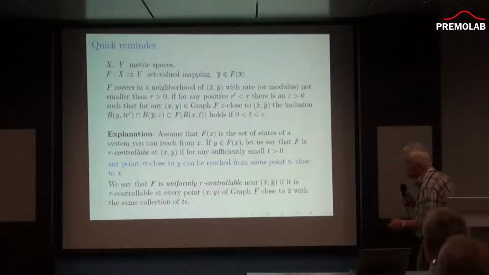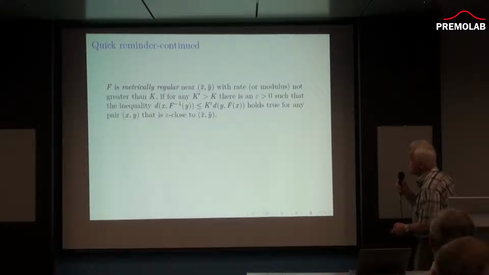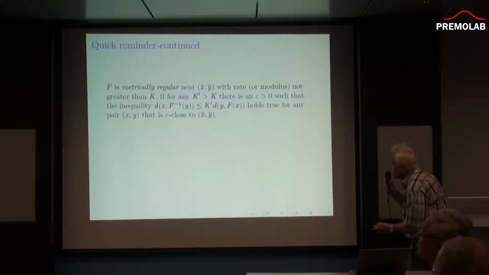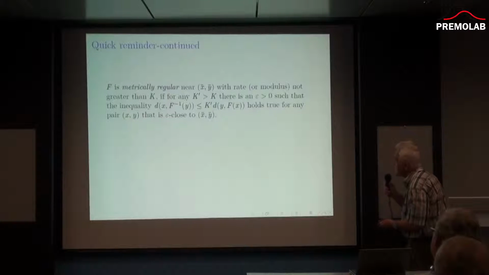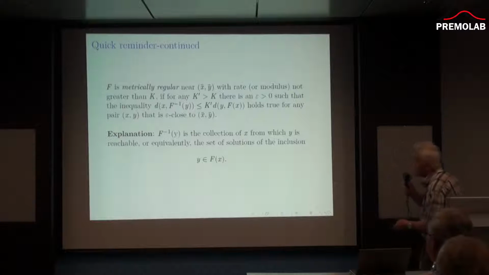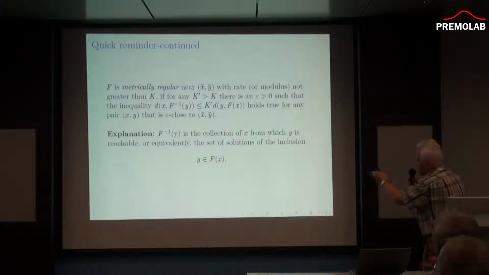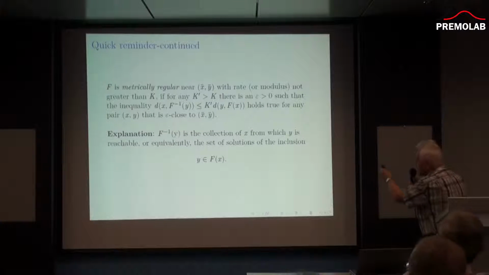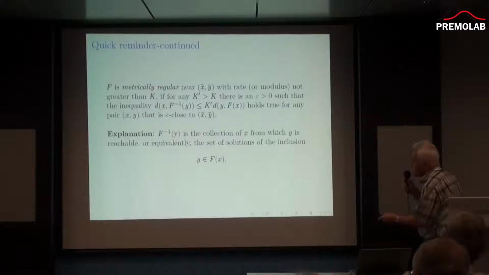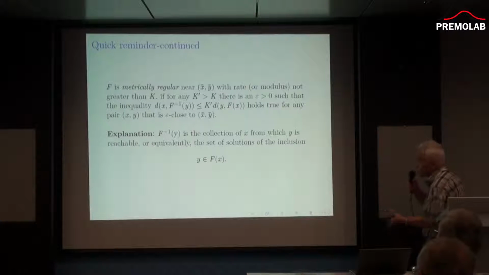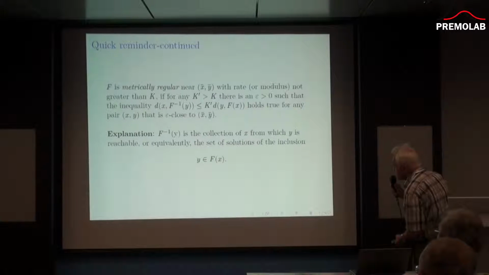The other property is called metric regularity. Again, it is maybe a bit frightening to look at, but the meaning is very simple, because F inverse of y is the collection of x such that y can be reached from these points, or the same, the collection of solutions of this inclusion, because F is a set for every x.